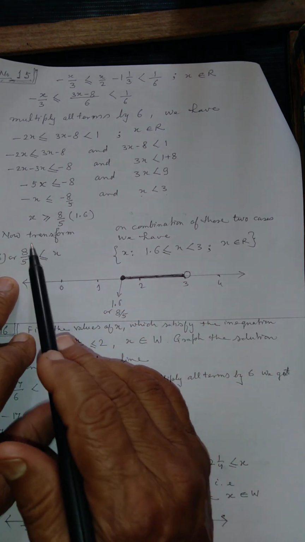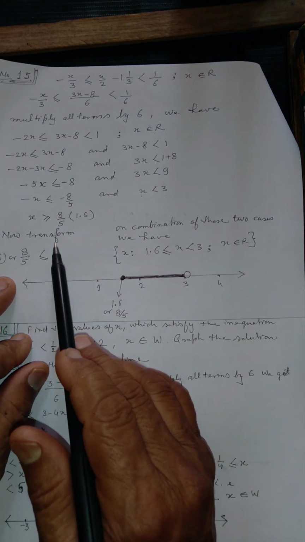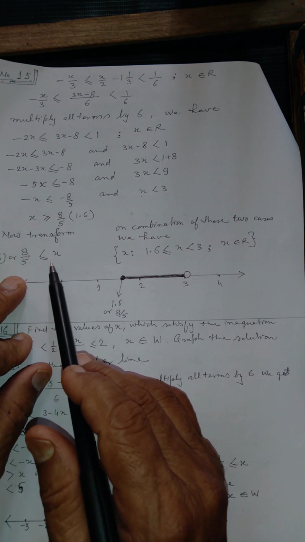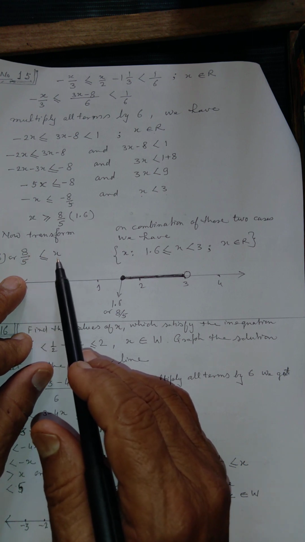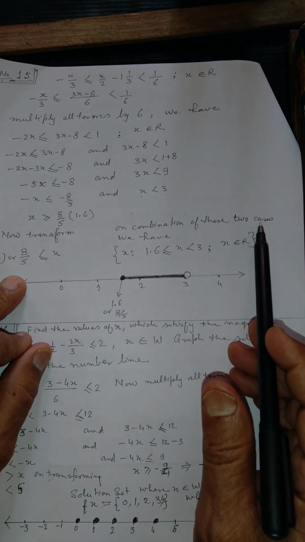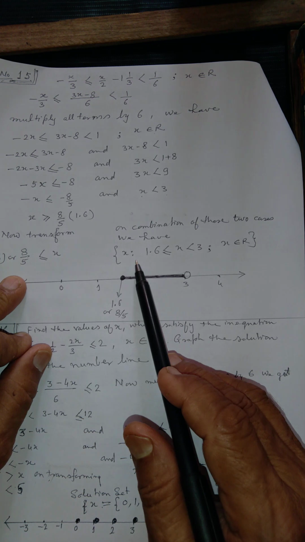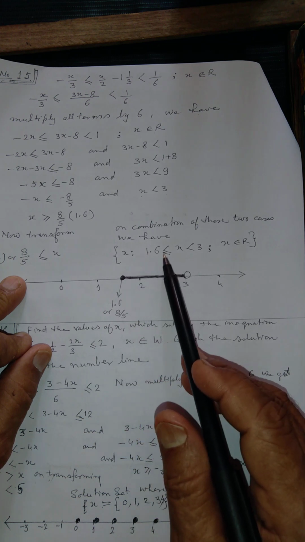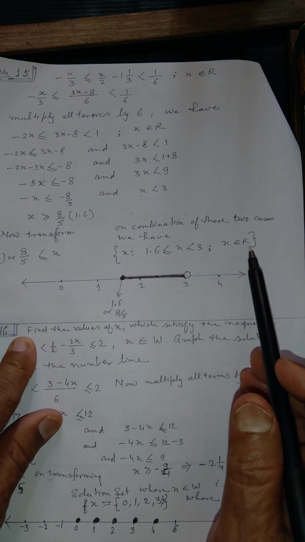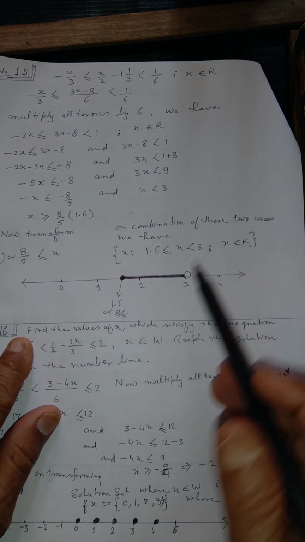Now transform also this. It will become 8 by 5 is less than or equal to x. On combination of these two cases, we have x such that 1.6 less than or equal to x and x is less than 3, where x belongs to real number.